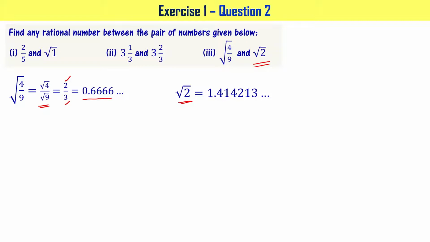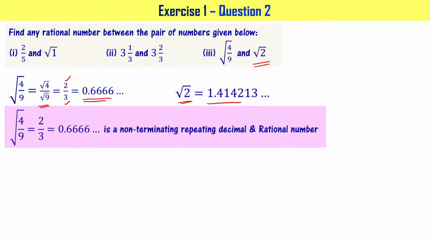Got it? The process we have learned earlier is to find the rational number in the middle of two rational numbers, right? In this particular case, we have one number given, that is root 4 by 9 is a rational number, that is 2 by 3, whereas root 2 is an irrational number, right? So let's not apply that process. What I can say is the first number is 0.666 and so on, and the second number is 1.414 and so on, right?